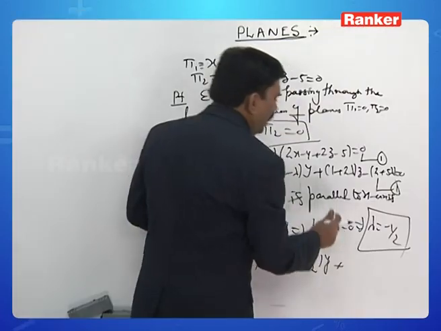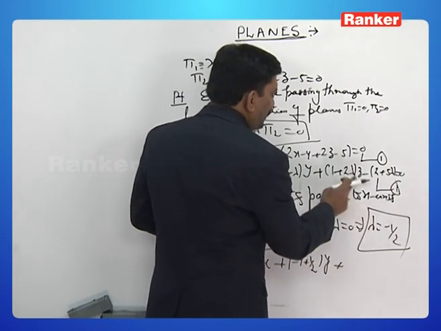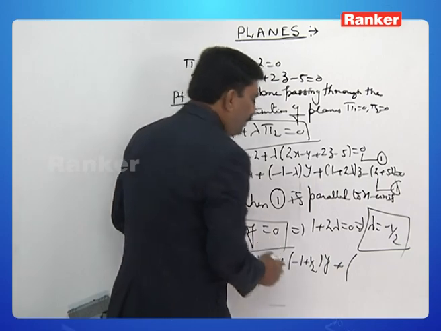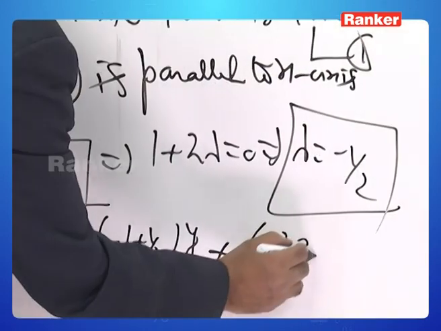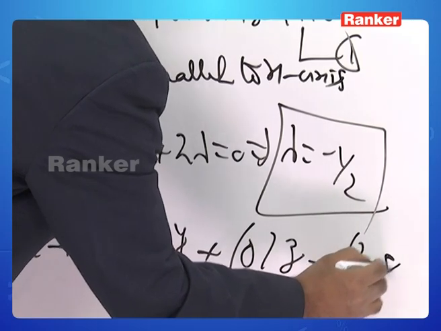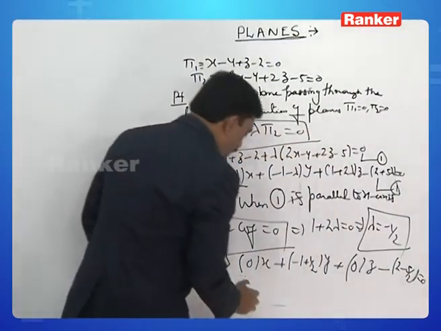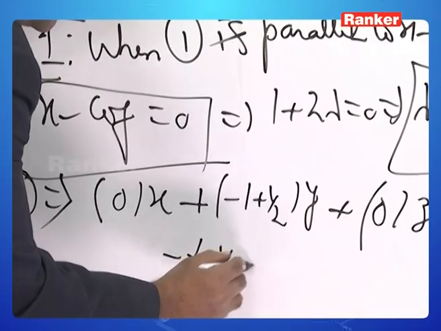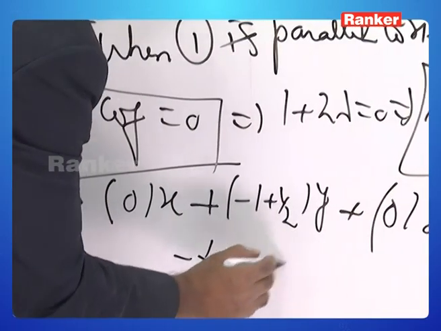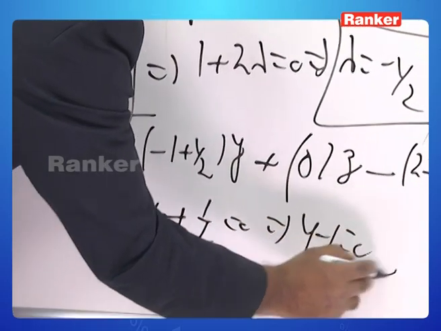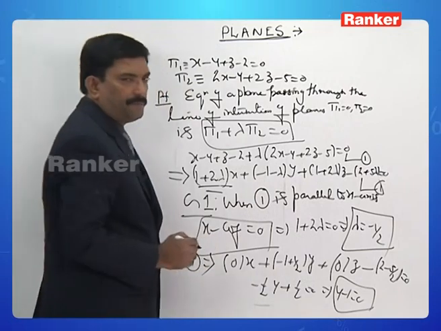Next, this becomes 1 plus 2 into minus half, that is 0 into z, minus, this becomes 2 minus 5 by 2, is equal to 0. So therefore I can write minus half into y, take LCM, plus half is equal to 0. Therefore y minus 1 is equal to 0 is the required answer.